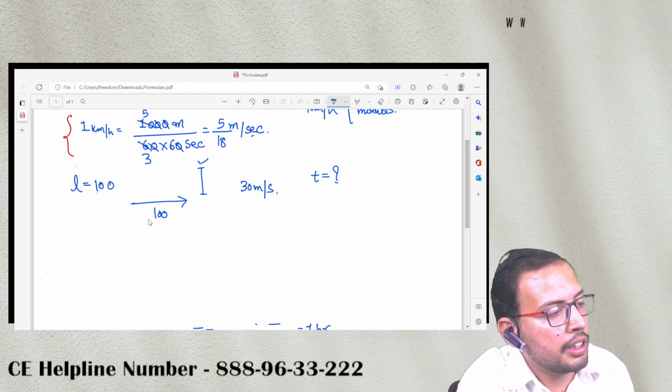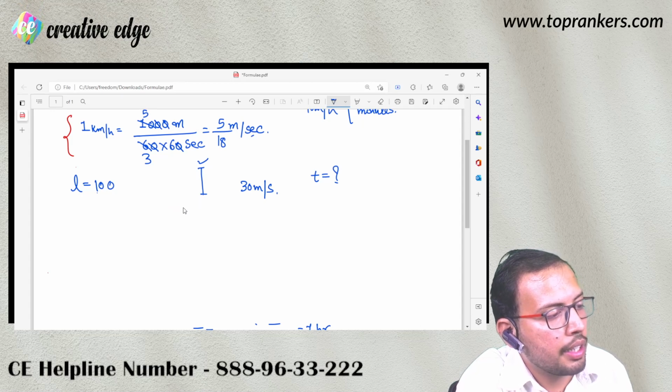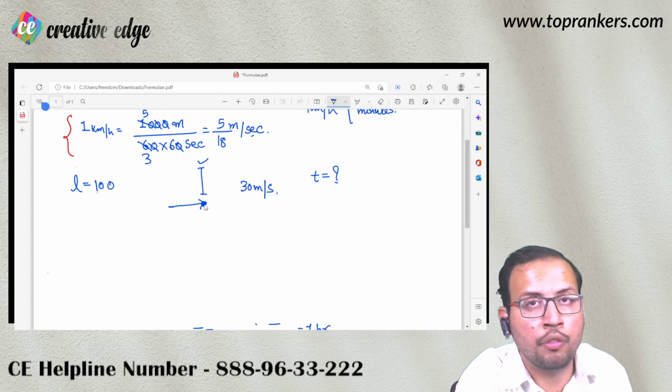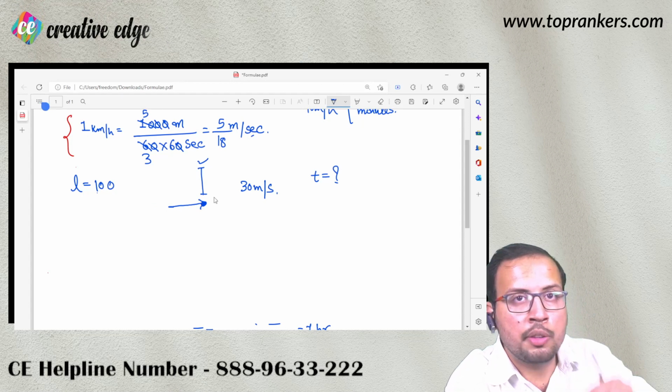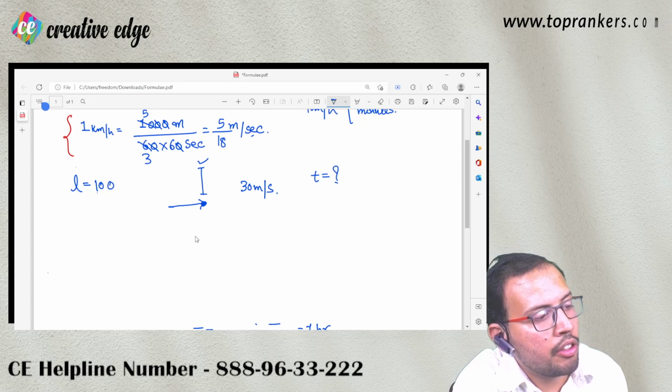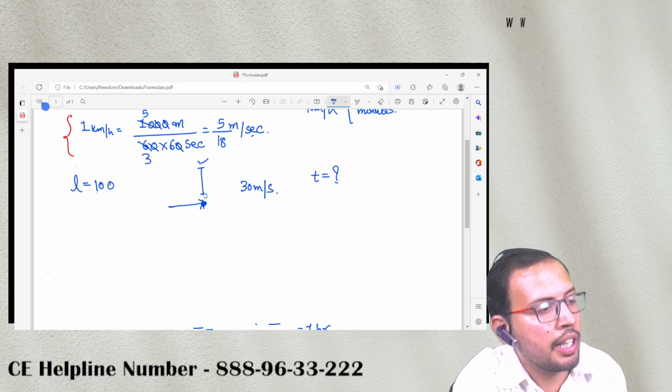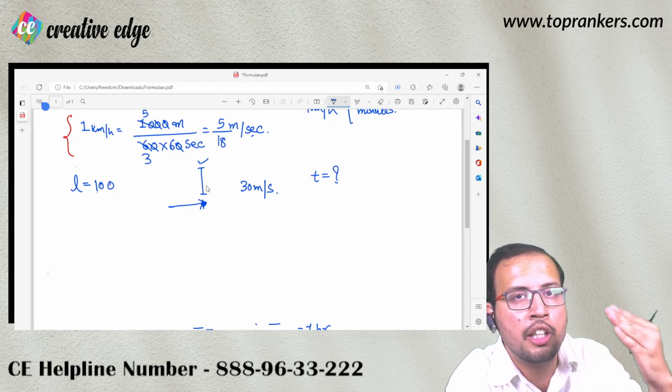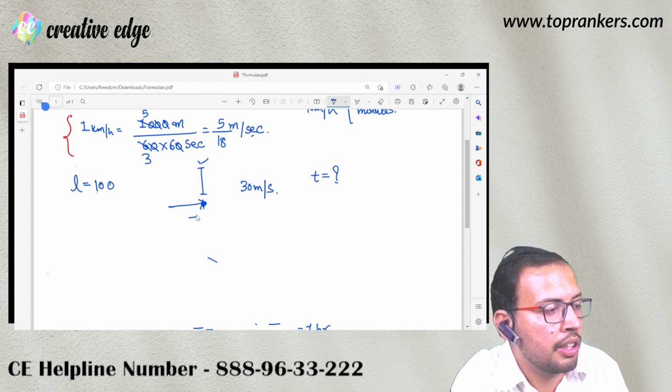So let us say our train is at this point. This is the starting point of the train, which is parallel to pole. So obviously your engine is here and the train is going to start. It is going to move in this direction.